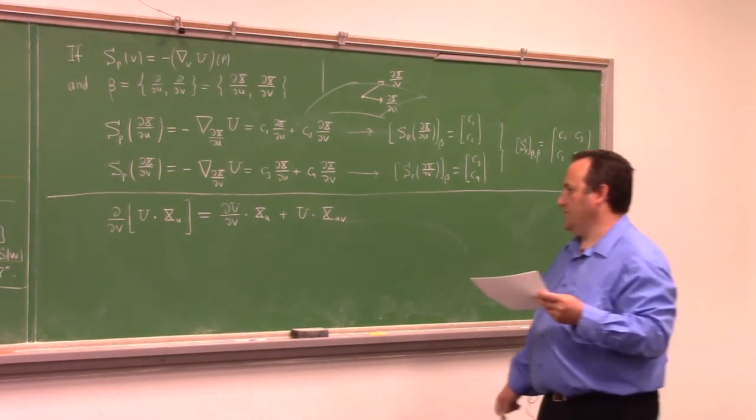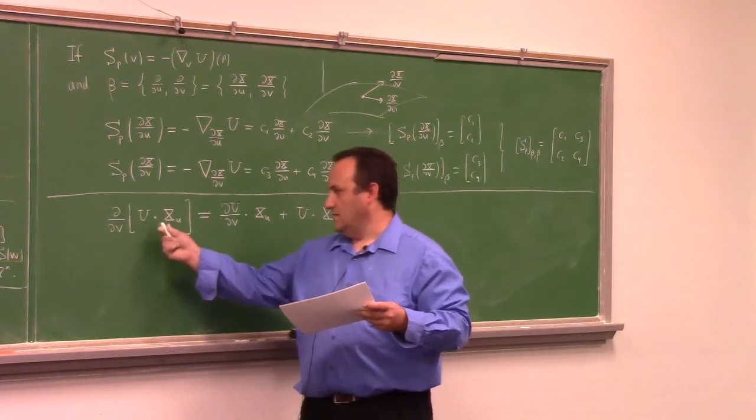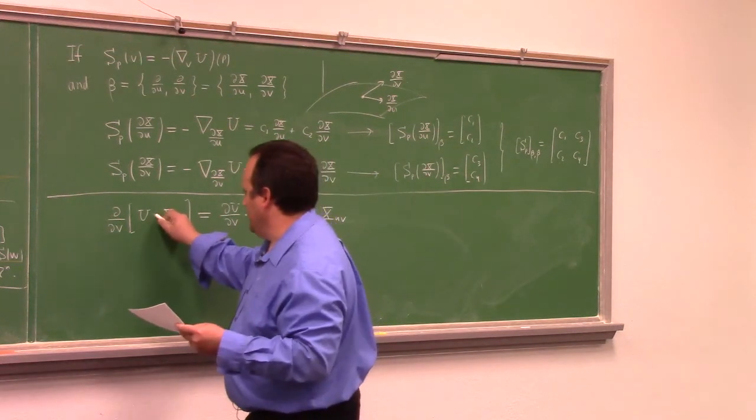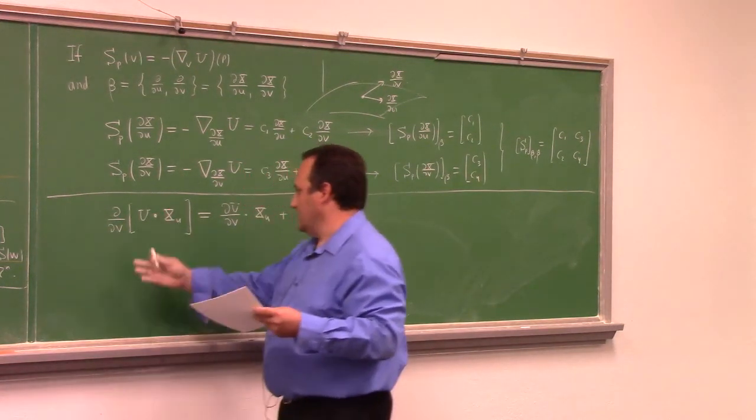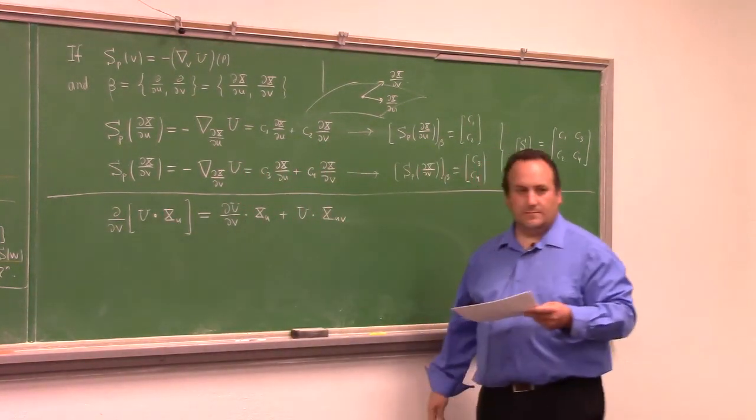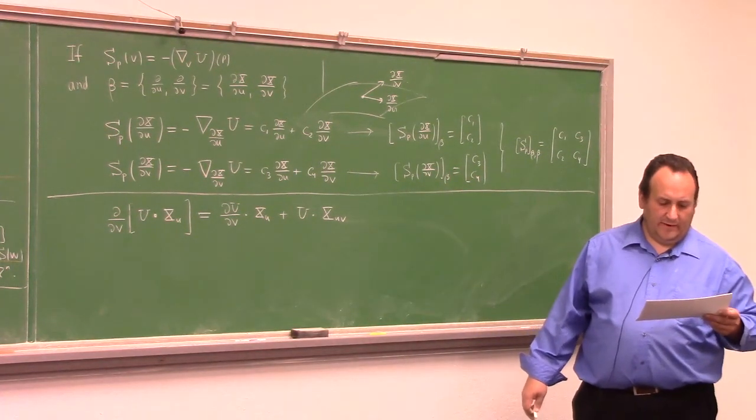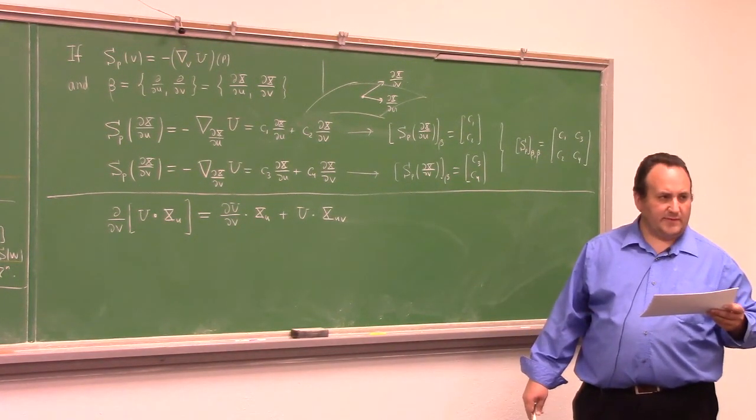Now, I think this right here is nothing more than just the product rule for the partial derivative with respect to v. I mean, this is just Calc 3 here. Now, the next formula I have is more mysterious to me. I don't quite understand it yet.